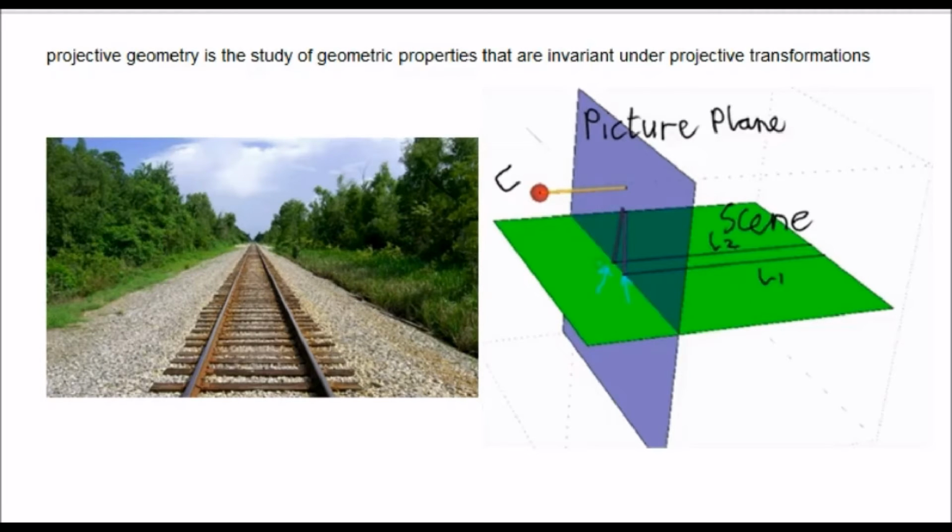So as you can see on the right, there's a kind of mathematical model of this. The canvas is called the picture plane. That red ball labeled C would be like the artist's eye. And these lines L1 and L2 would correspond to these railroad track lines disappearing away from the artist.